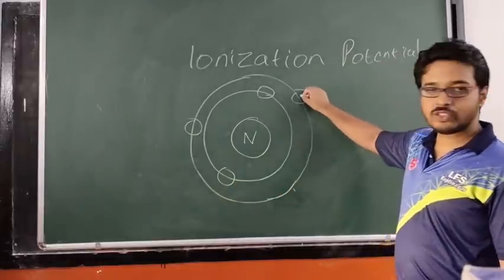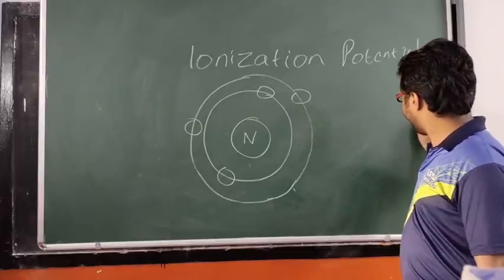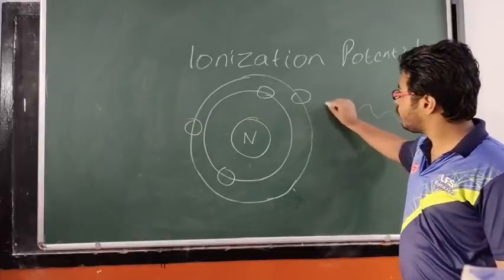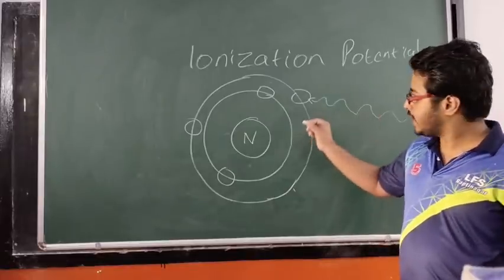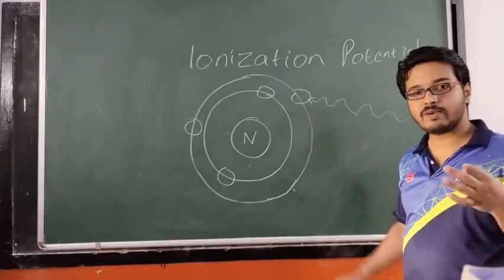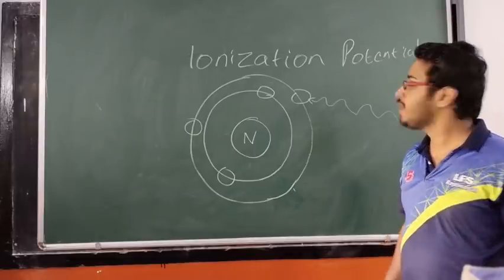And suppose this is the most loosely bound electron, we are supposed to give energy in the form of electromagnetic waves. So at a particular energy, what happens? You have studied according to the Bohr model.